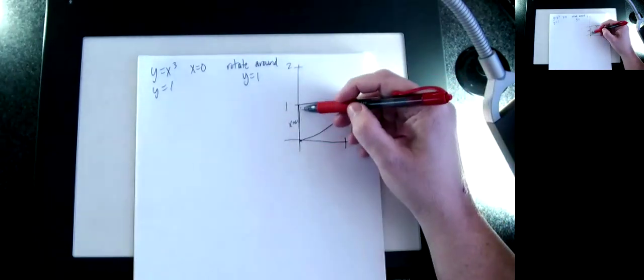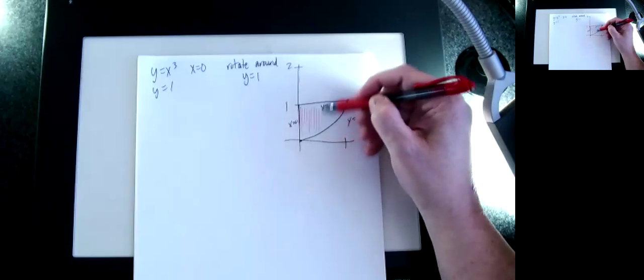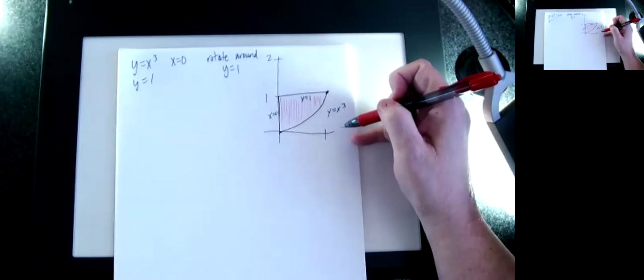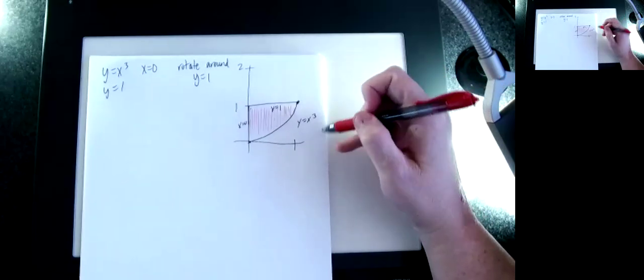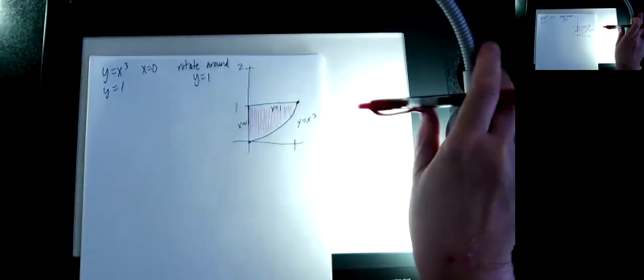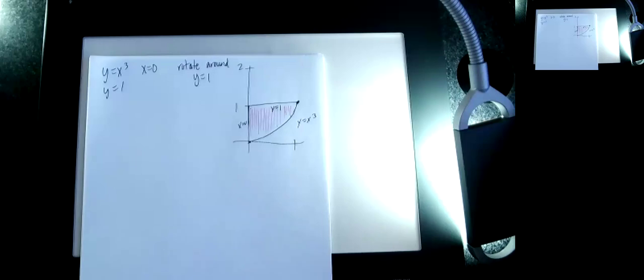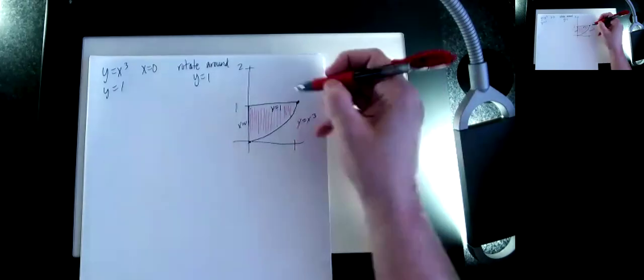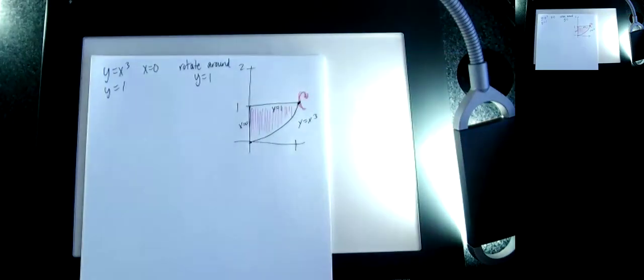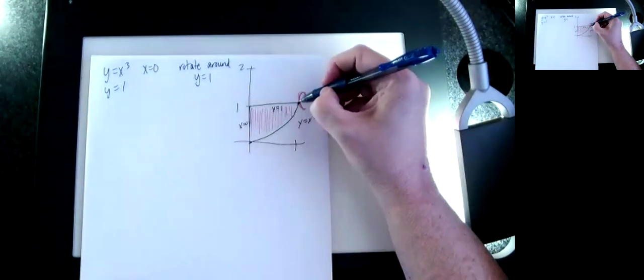So this is our region. And we're going to rotate it around y equals 1. So it should go up like this.